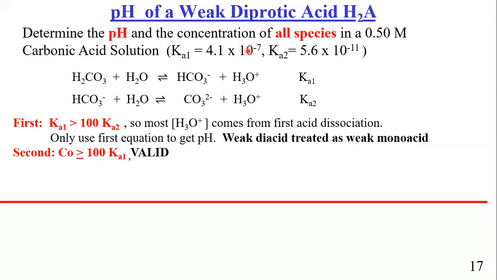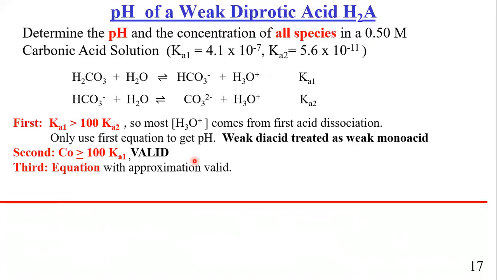Look at the Ka, it's something 10 to the minus 7, so that's very small. And so yes, C0 is greater than 100 Ka1. You want to take the 0.5, divide by this number, see if it's greater than 100, be my guest. That is valid.